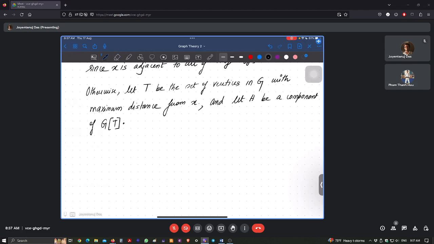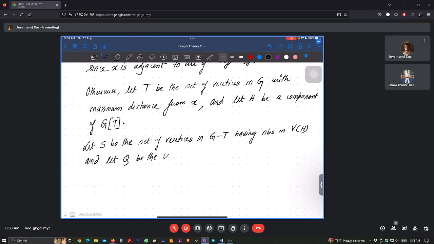And we define another set of vertices. Let S be the set of vertices in G minus T having neighbors in V(H), and let Q be the component of G minus S containing this vertex x.